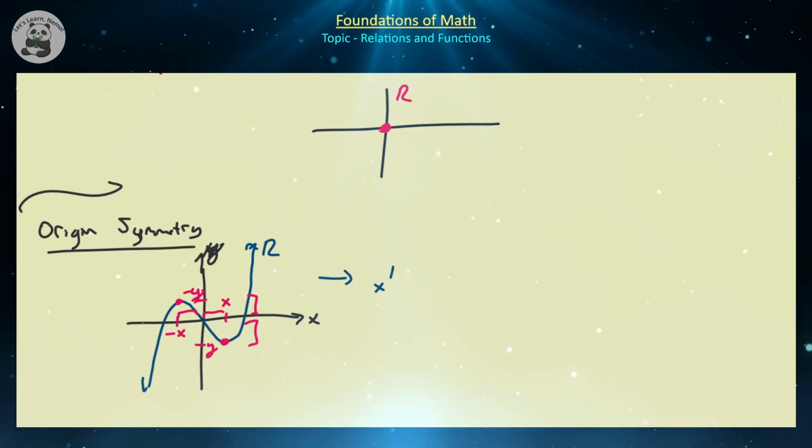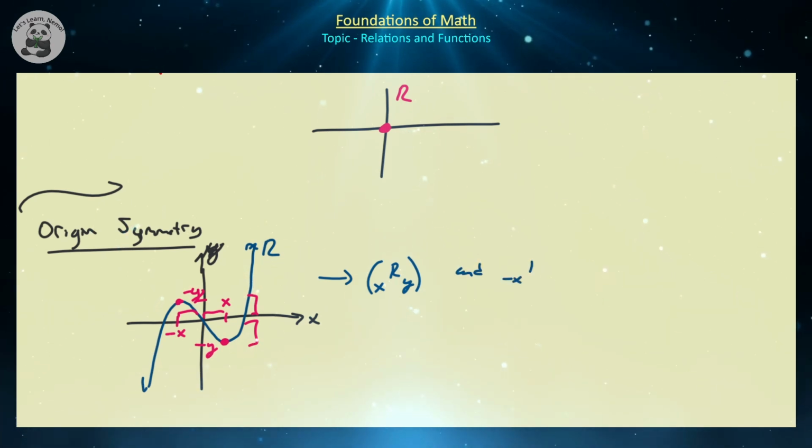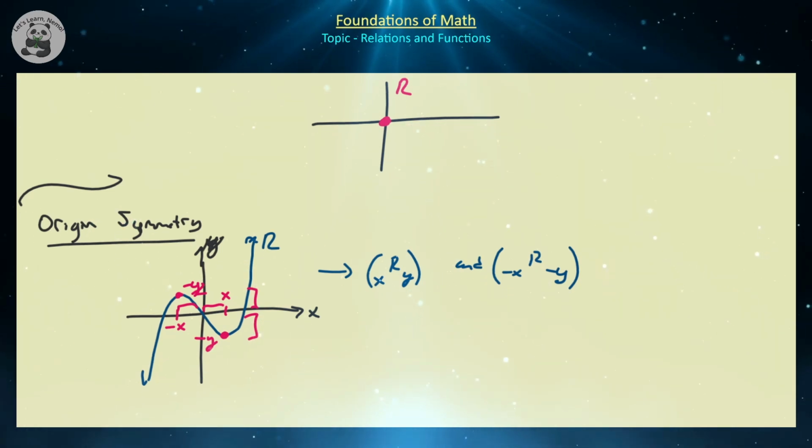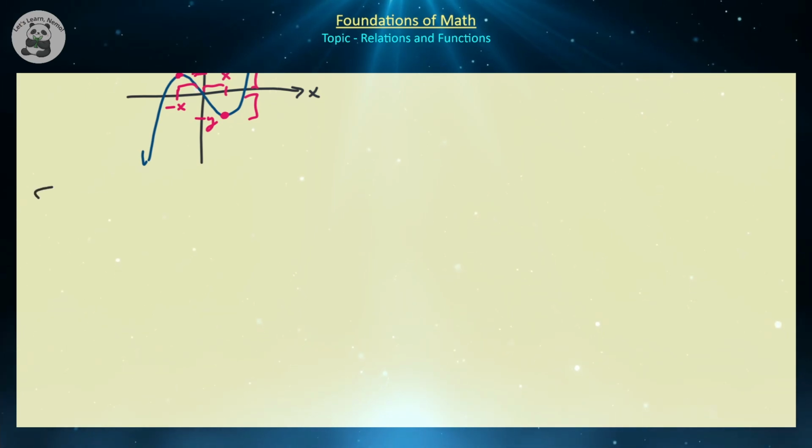That is, if x is related to y, and minus x is related to minus y. So if you pick a point x, y and minus x, minus y also belongs to the relation, then we say that that is indeed an origin symmetry relation. So let's look at an algebraic relationship to see how to show that in the algebraic world.